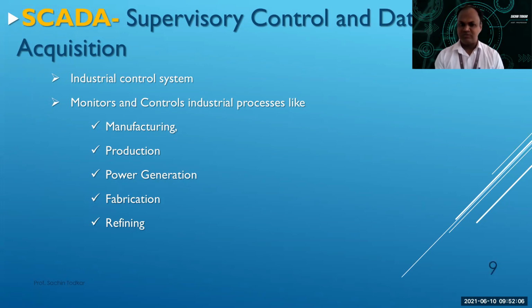Manufacturing, production, power generation, fabrication, refining, everywhere there is monitoring and controlling by SCADA. You might have visited Veer Dam or Bhatla Dam. In that power generation plant also SCADA is available. It's continuous, batch, repetitive, or discrete process, and we need SCADA.